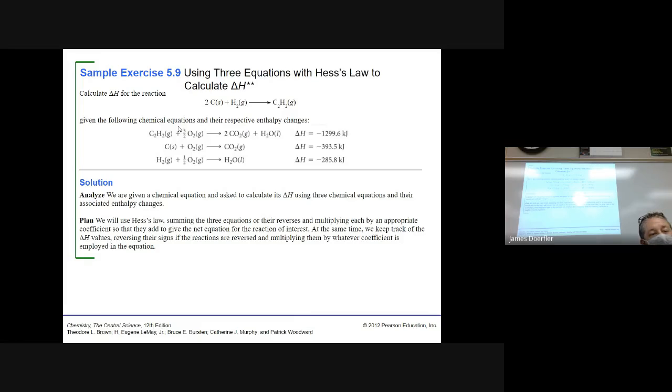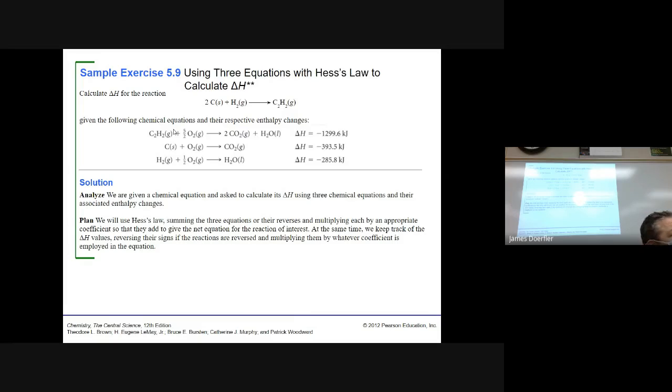So what I'm going to do to this first one is I'm going to flip this first equation. And what does that do to that sign on that delta H value? It changes it. So a negative now becomes a positive. Okay? And I'm going to show you these changes on the next slide. I just want to talk through these first. Okay, so we've addressed the first equation.